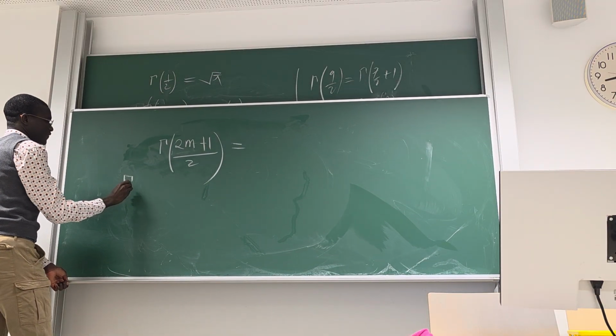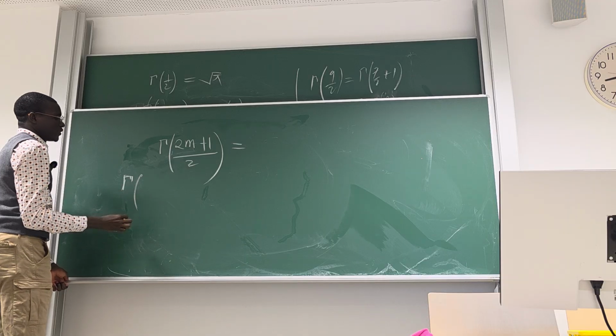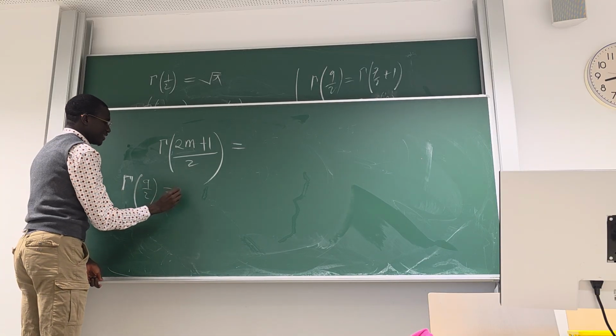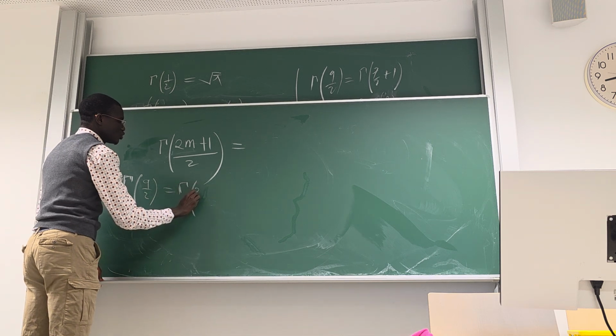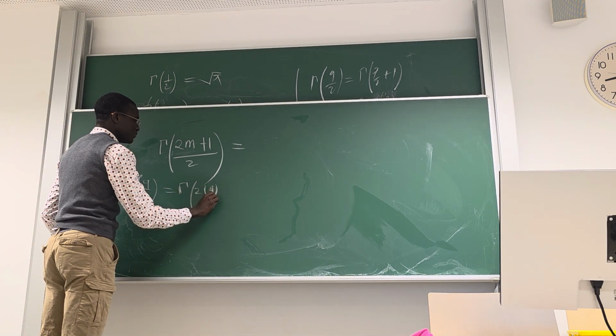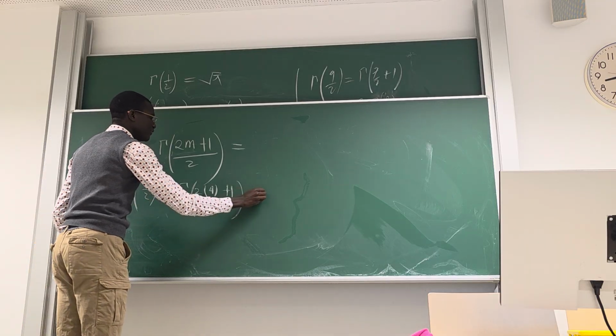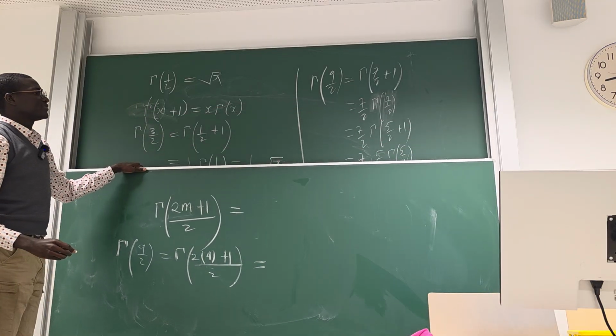So for 9 over 2, for instance, this is 2 times 4 plus 1, over 2. And what did we have for that?